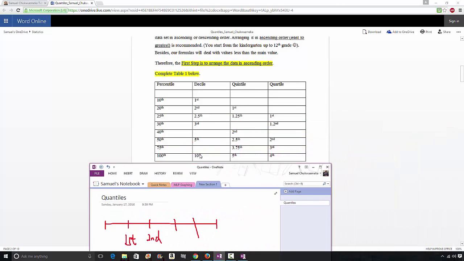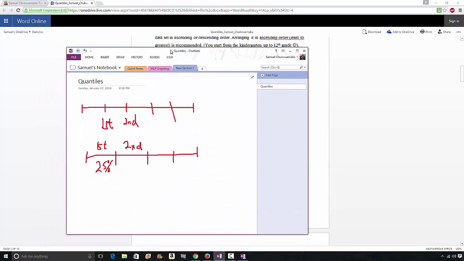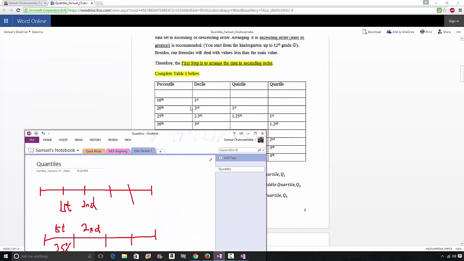So I want you to complete this table. The way you could do it is by proportional reasoning. For instance, if I want to find what quartile is the 10th percentile.